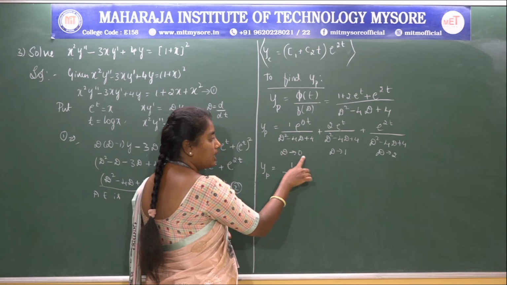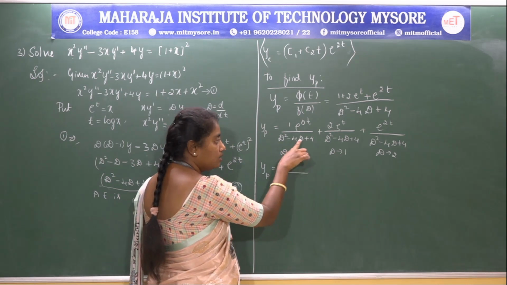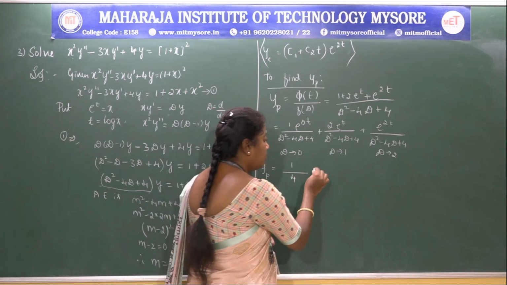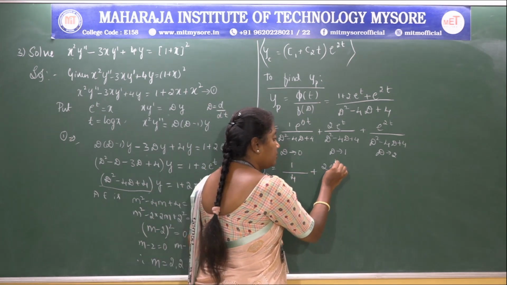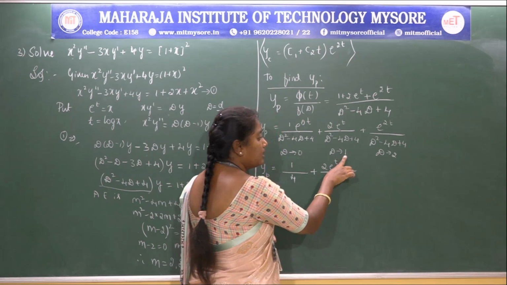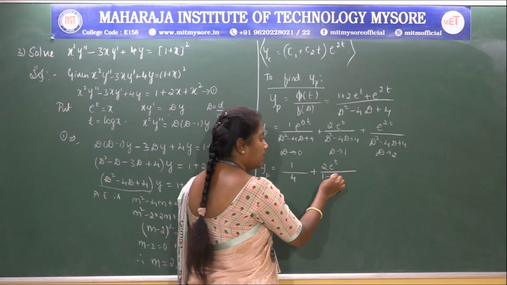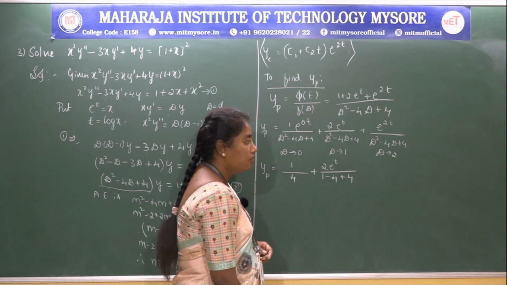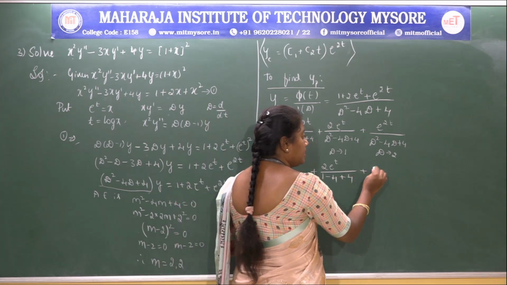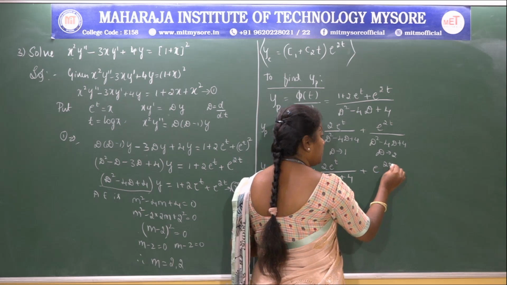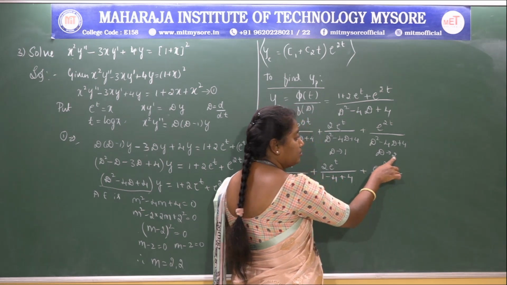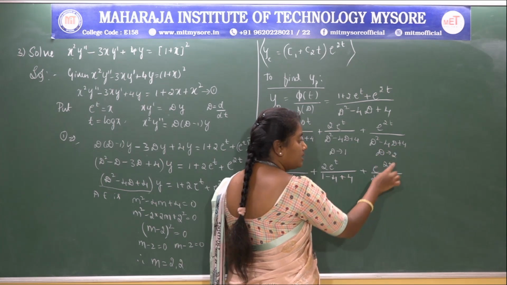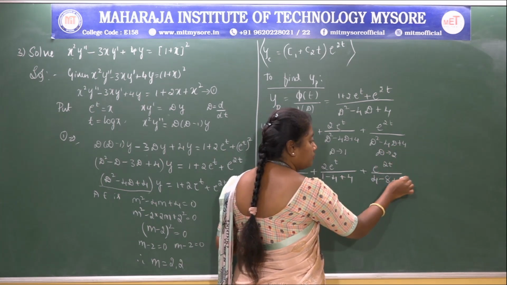On substituting d equal to 0, the remaining term is 4. 1 by 4 plus 2 e power of t divided by, replacing d by 1, 1 minus 4 into 1 plus 4. In the last term e power of 2t, replacing d by 2, 2 square is 4 minus 4 into 2 is 8 plus 4.